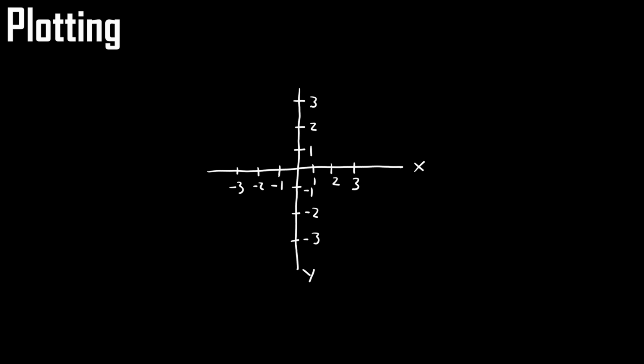Every point in the plane is represented by an ordered pair x, y. The first number tells us how far left or right to go from the origin, and the second tells us how far up or down.